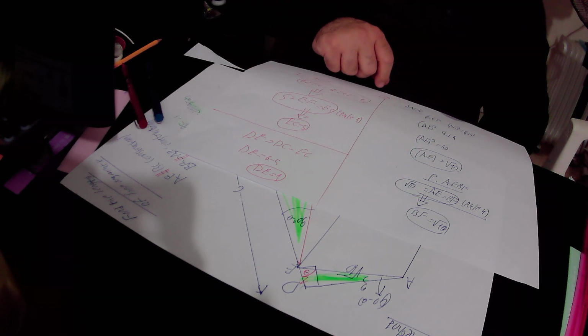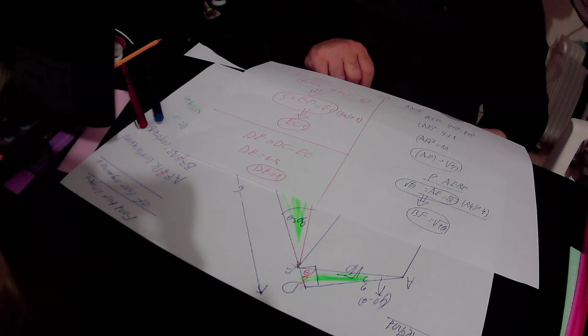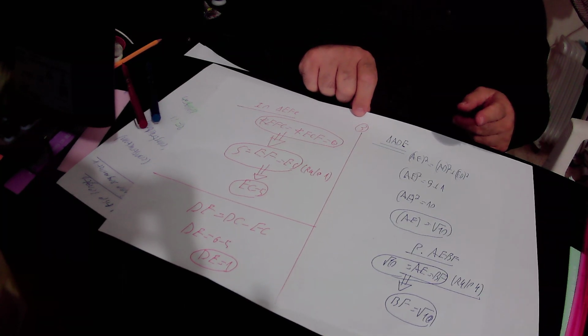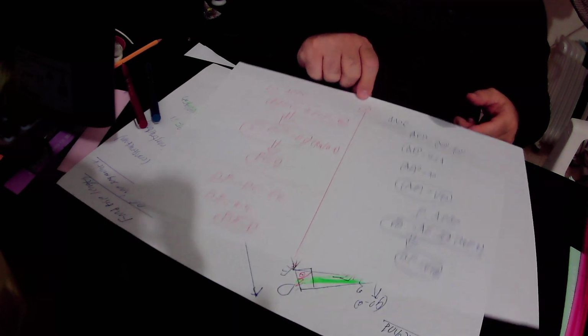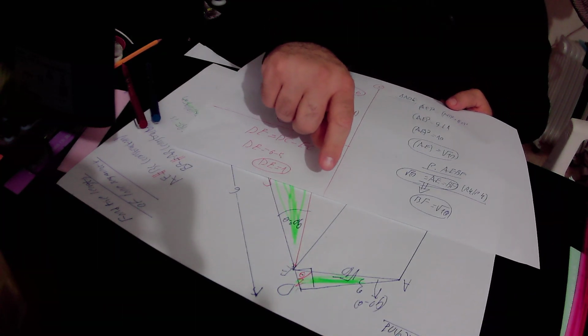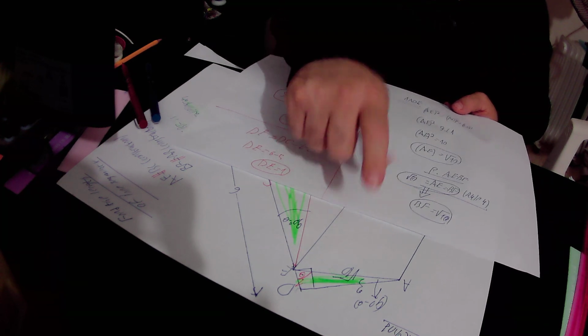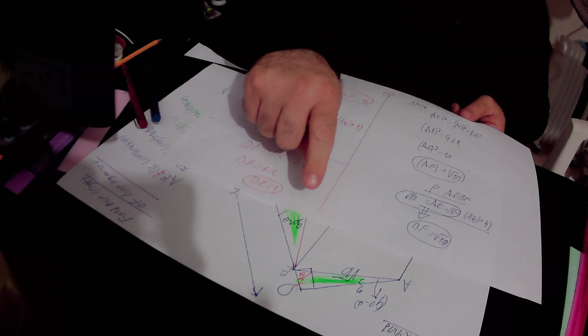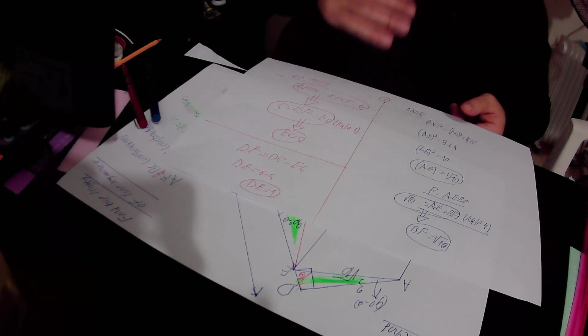According to the Pythagoras theorem, the square of the hypotenuse equals the sum of the squares of the perpendicular sides. That is to say, AE square equals AD square plus DE square. AD is 3, so AD square is 9, plus DE square. DE equals 1, so DE square is 1.